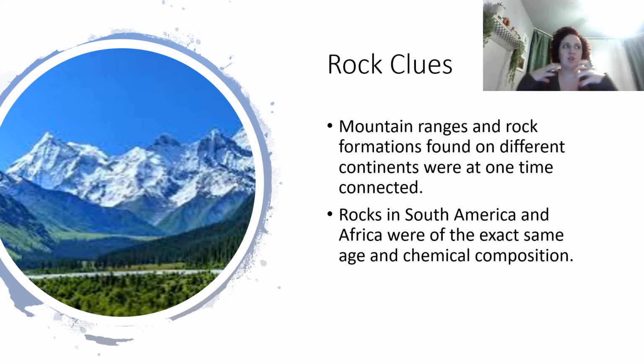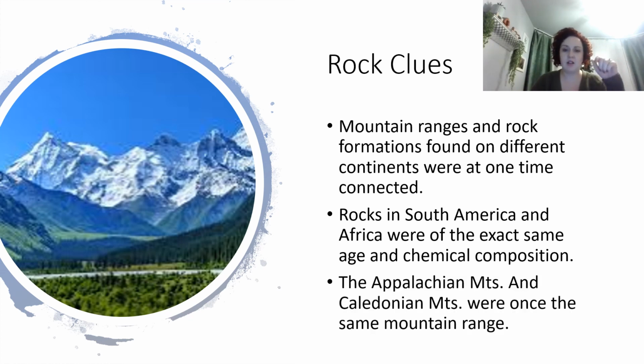Those are the sorts of things, granted far more scientific, that geologists are doing to identify how things in South America and Africa now line up. Speaking of Appalachians, we are also able to identify that the Appalachian Mountains and the Caledonian Mountains over in Europe also formed around the same time, and they actually pulled apart from each other.